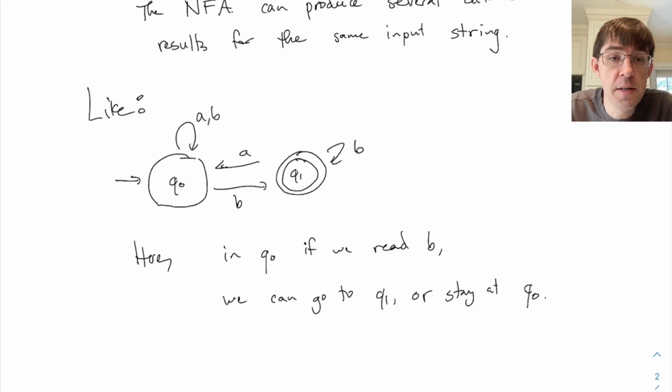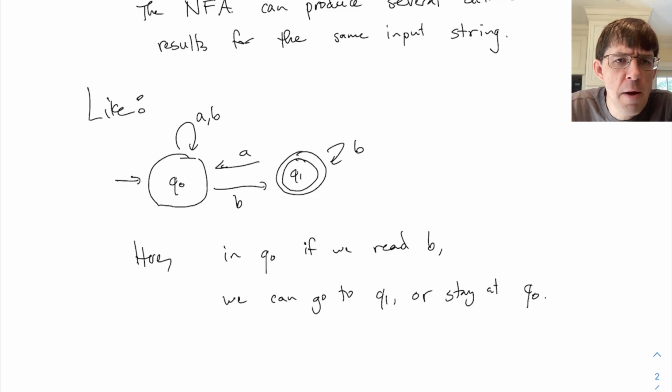This is illegal in a DFA. In a DFA, you're not allowed to have two arrows with the same label on one of the states. But in an NFA, it is legal. It means when you're in this state, if you read a B, you could go over here, or you could stay in this state. That's how an NFA looks.